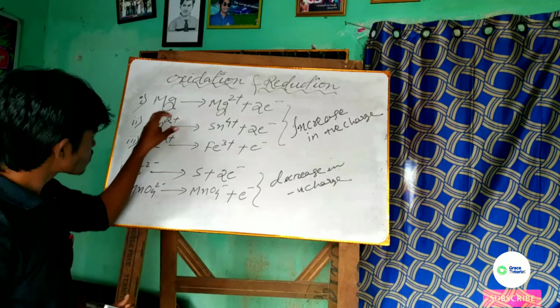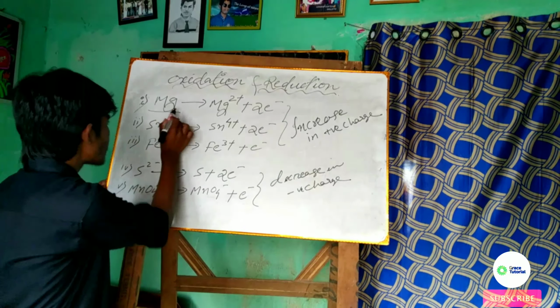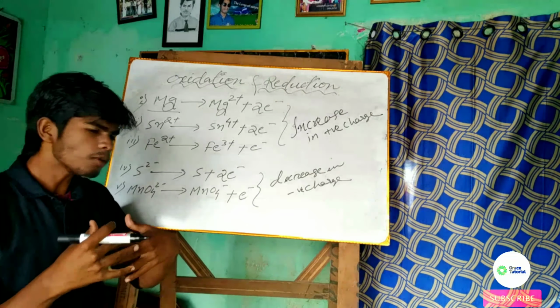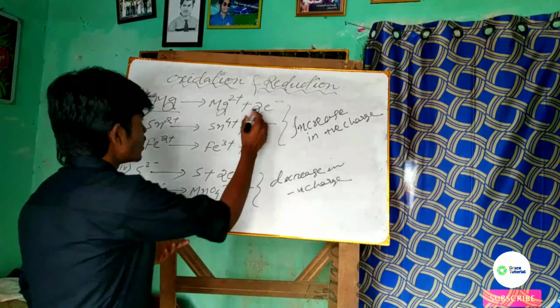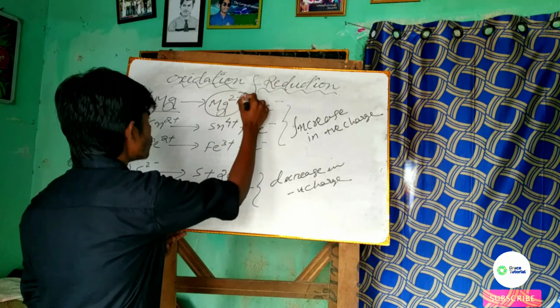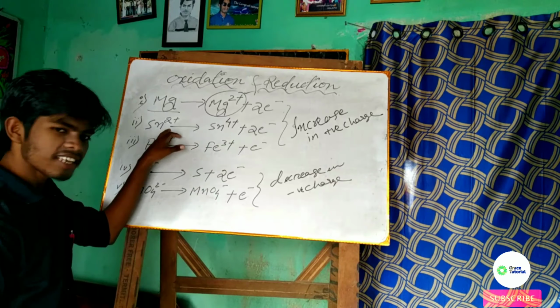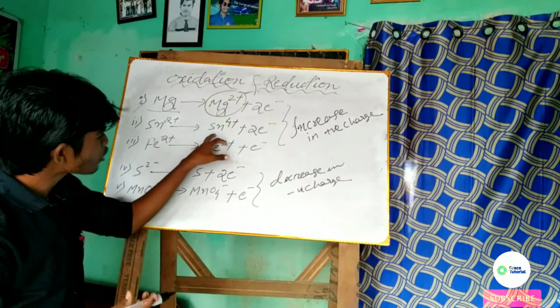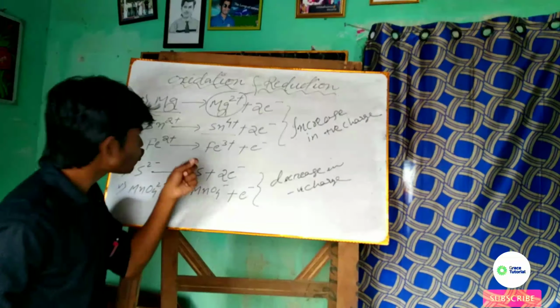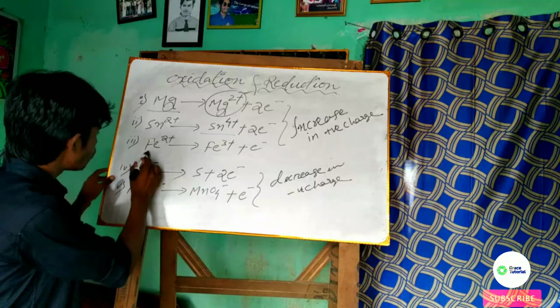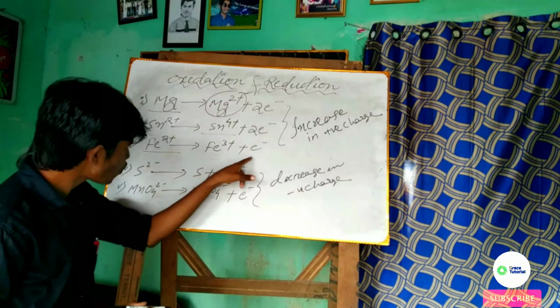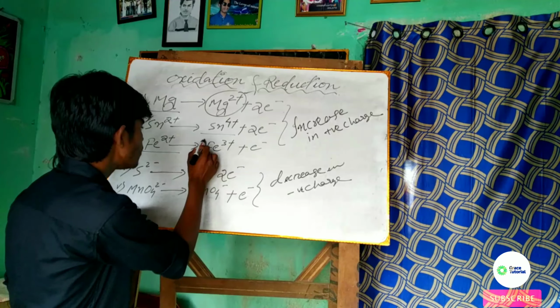Well, if you look at the first example, here we have magnesium. When the magnesium loses the 2 electrons, then it forms magnesium ion, that is Mg2+. Similarly, we have Sn2+ here, and after losing the electrons, it has become Sn4+. Similarly, we have Fe2+, but after losing 1 electron, it has become Fe3+.